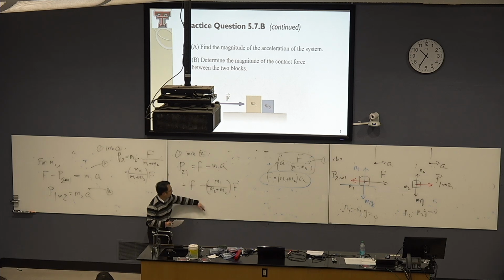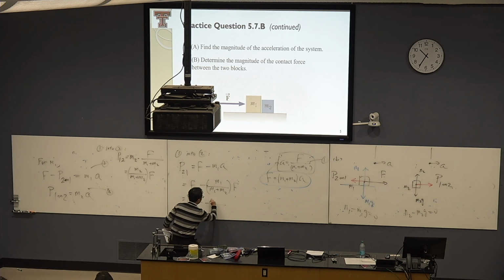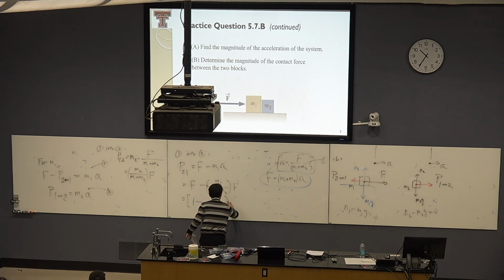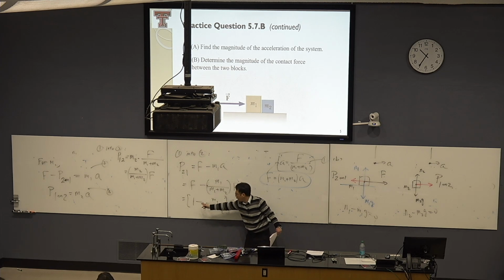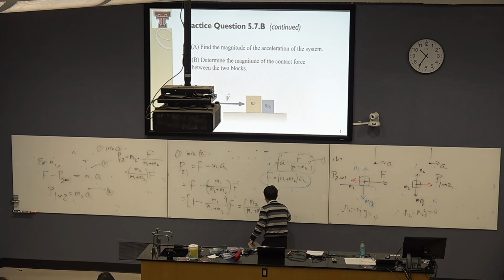And then this stuff means here you have 1 minus M1 over M1 plus M2, times F. I extract the common F outside of the bracket. Then you can play with the algebra, and you will see that this gives you M2 over M1 plus M2 times F. And it will be exactly the same answer as here.